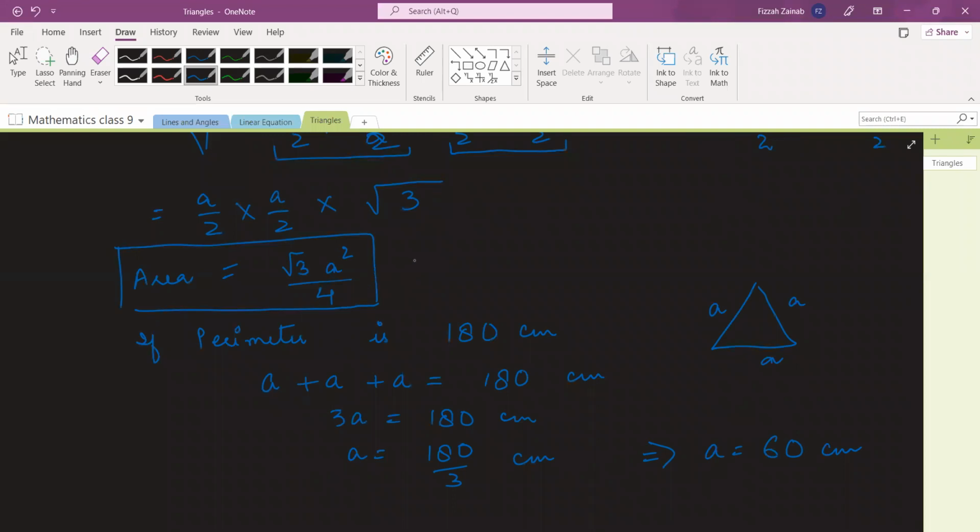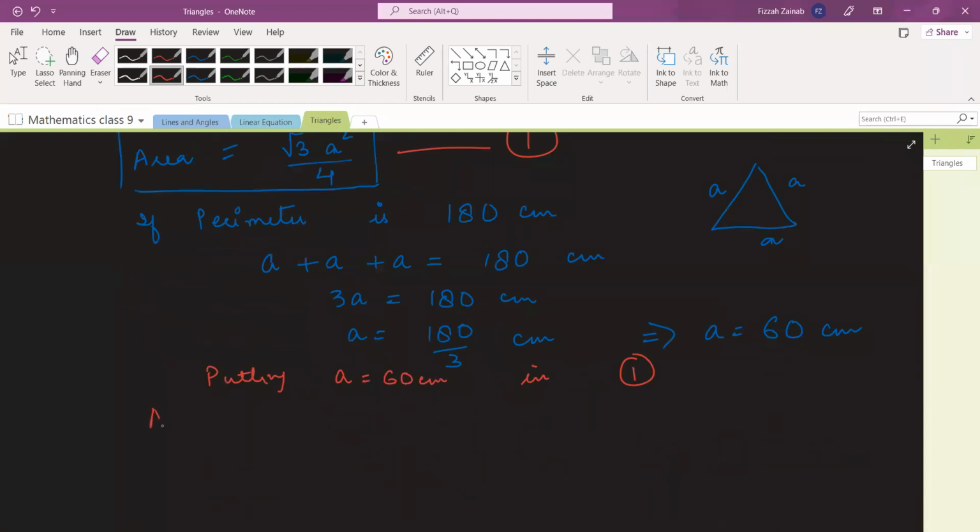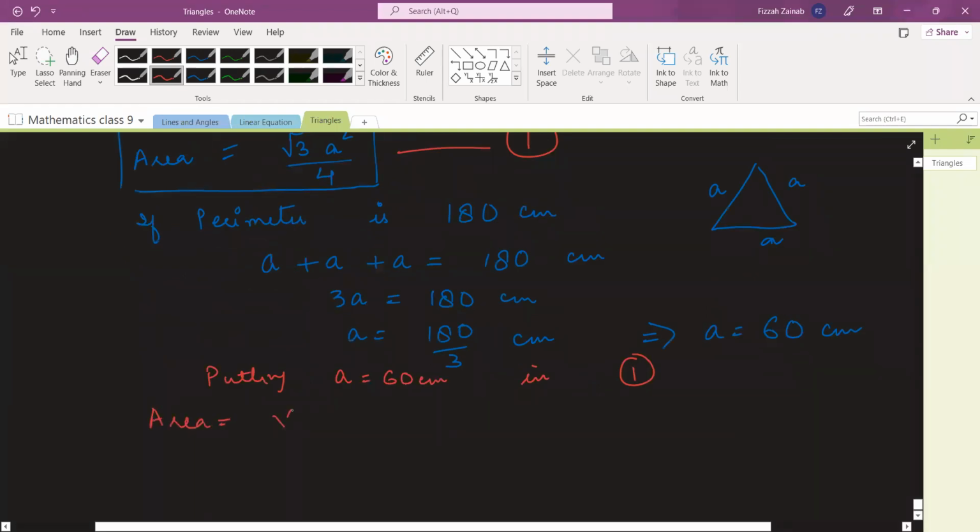Now, this you can mark as result 1. So this area was in terms of A. Now we will put the value of A here and then we will get some number. So putting A is equal to 60 centimeter in 1. Yeah, right? So the area will be under root 3 by 4 into A square.